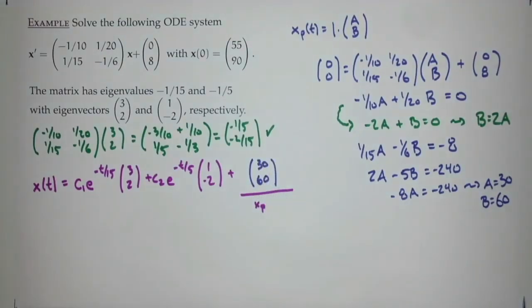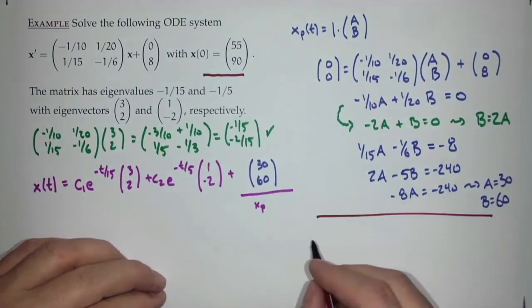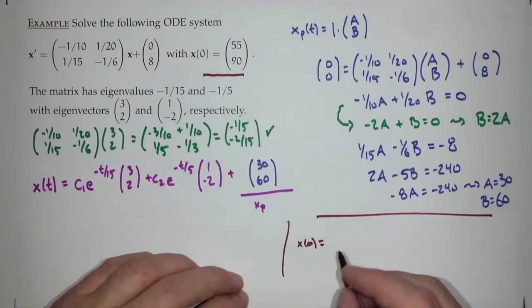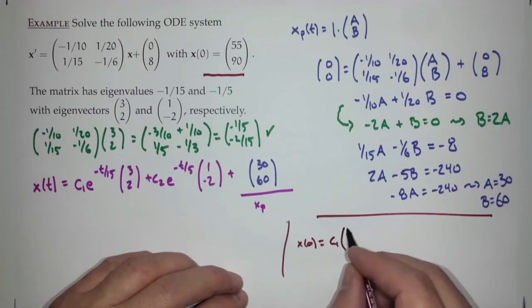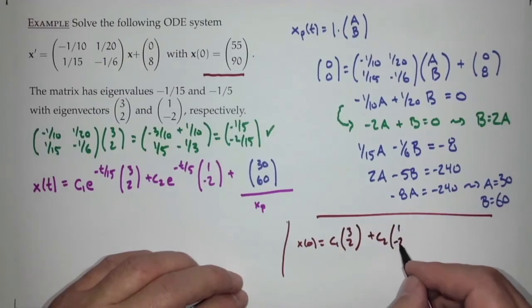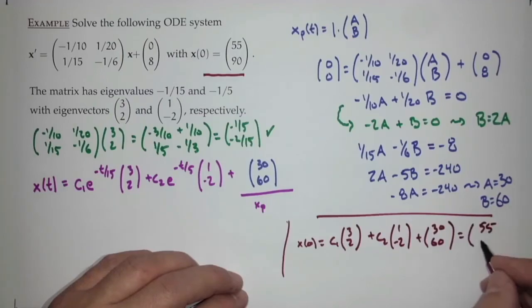All right. Now are we done? No. What are we missing? You're right. We have to take into account our initial conditions. Okay, so x of 0. Well, the nice thing about e to the 0 is it's 1. So it's some constant c1 times 3, 2, plus some constant c2 times 1, minus 2, plus 30, 60, has to give us 55, 90.